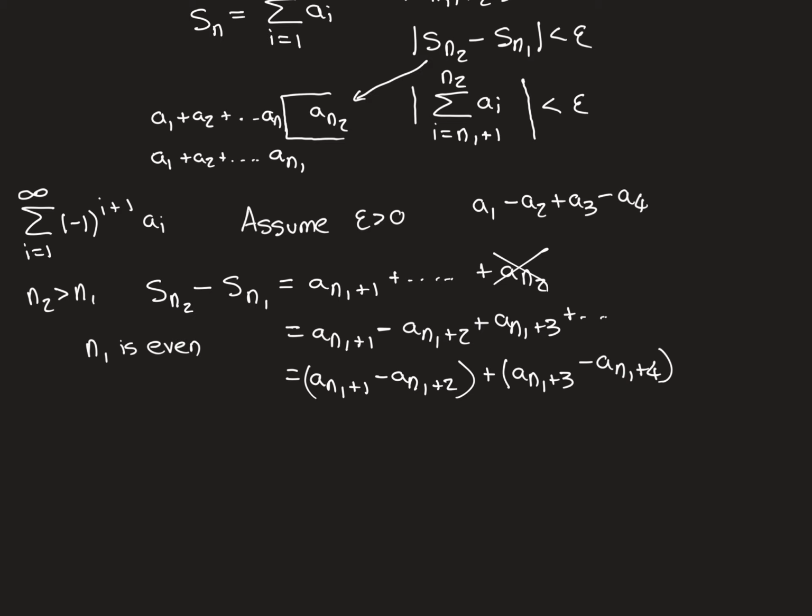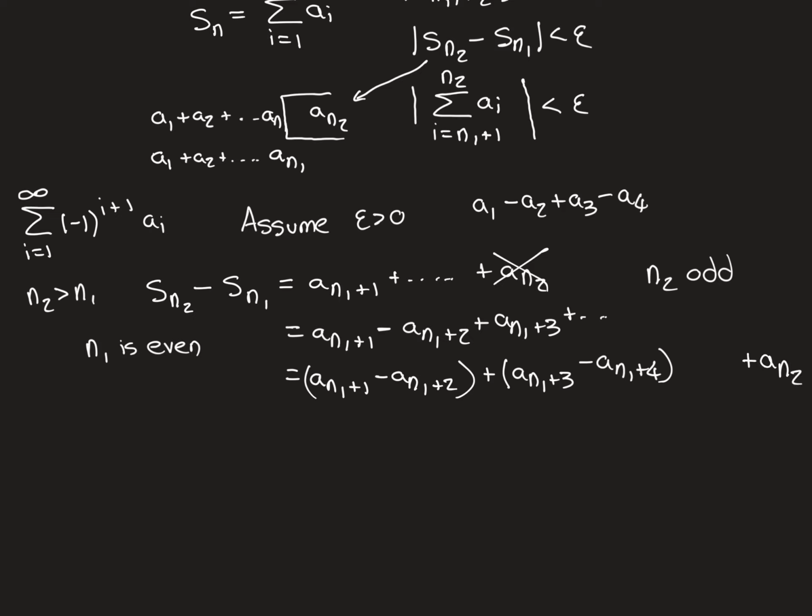And it goes on. Now, either you have in total an even number of terms in this difference of the partial sums, and that will happen in the case that n2 was even as well, or you'll have an odd number of terms, in which case there'll be one right at the end that's unpaired. So if n2 was odd, then you'll have the final one, which will be a_n2.